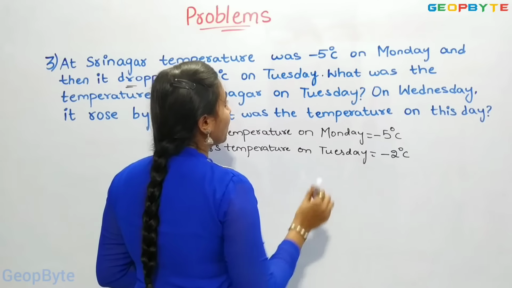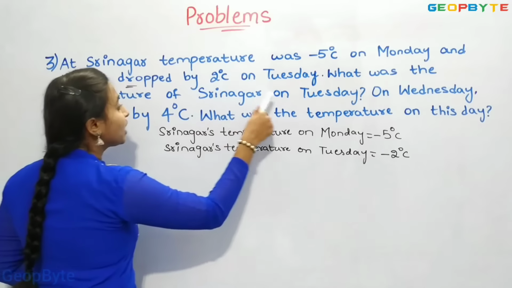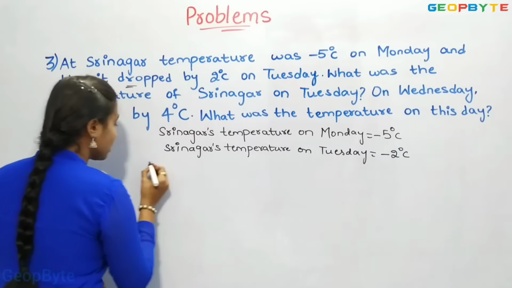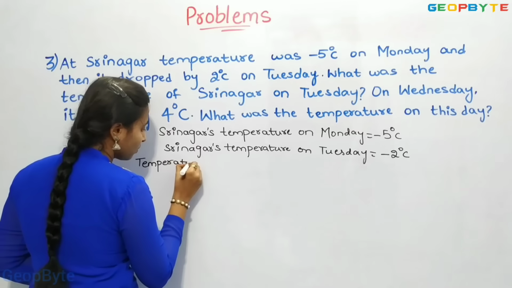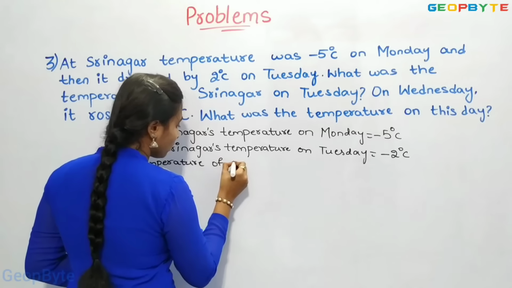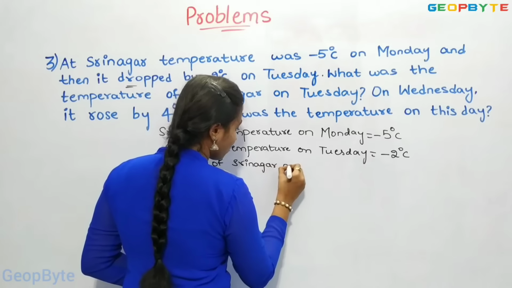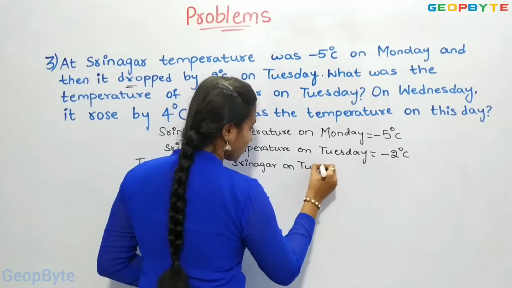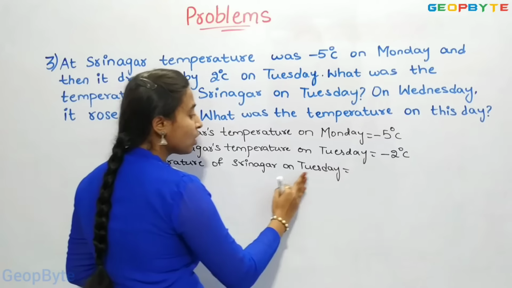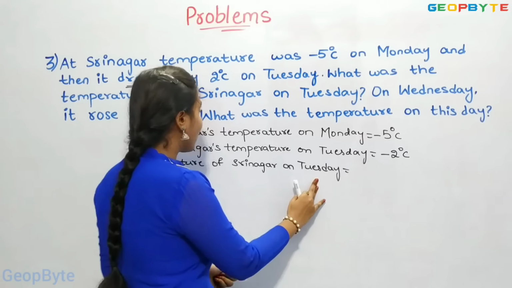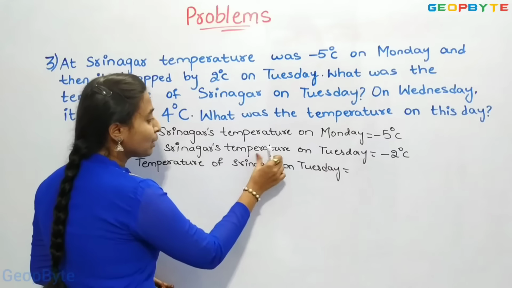So now what they asked, what was the temperature of Srinagar on Tuesday? That means the temperature of Srinagar on Tuesday is found out by Srinagar's temperature on Monday plus Srinagar's temperature on Tuesday.